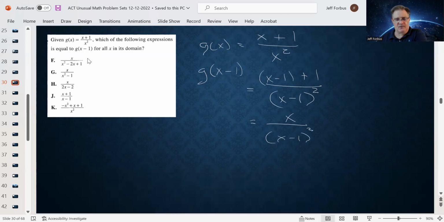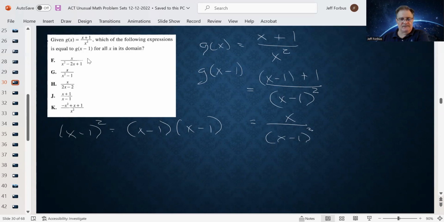Well, x minus 1 squared, that's a binomial, right? When you square a binomial, let me put it over here. x minus 1 squared means x minus 1 times x minus 1.